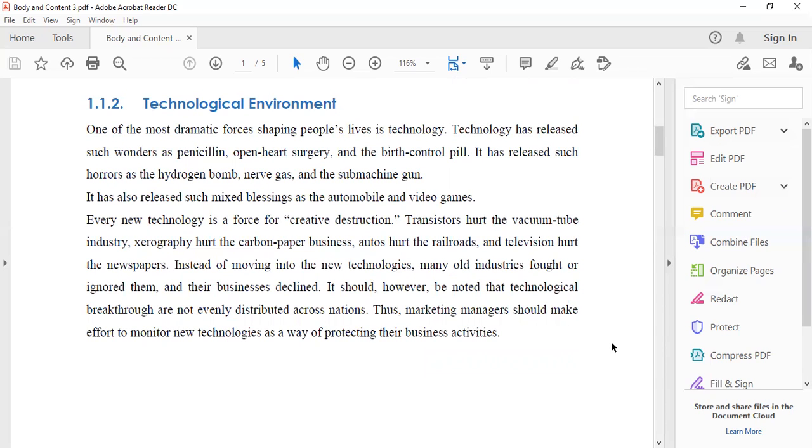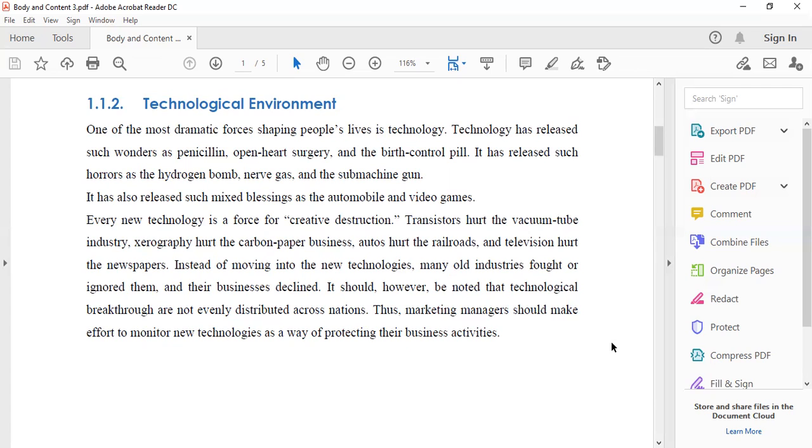Also, look at the telecom industry, particularly in this part of the world. At the advent of handsets, mobile phones in Nigeria, Nokia had the highest market share.